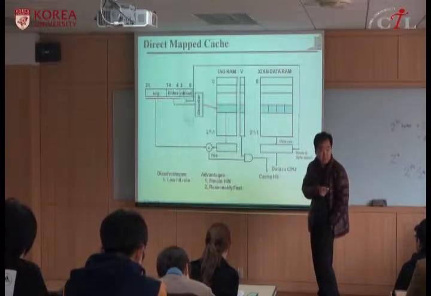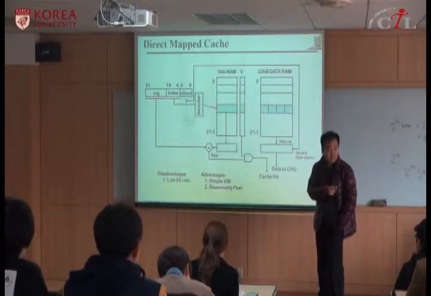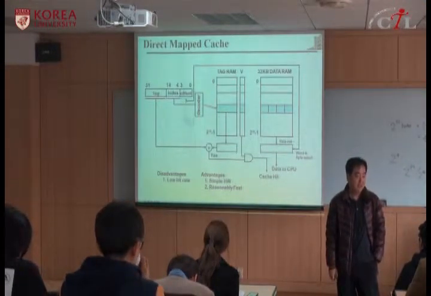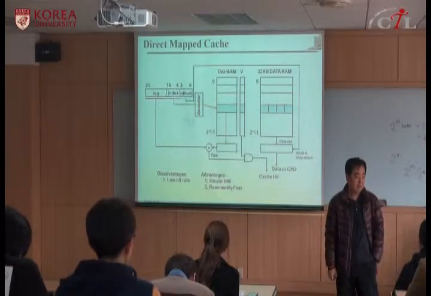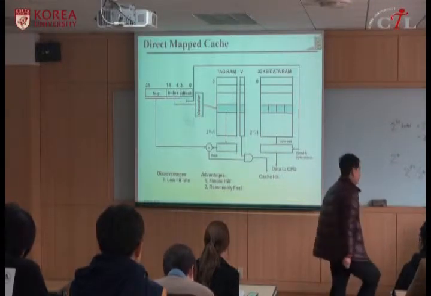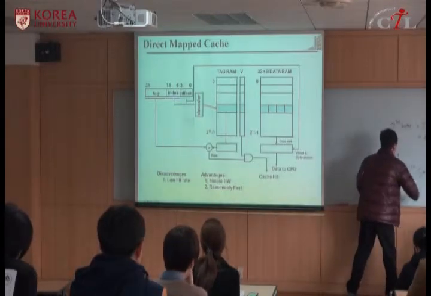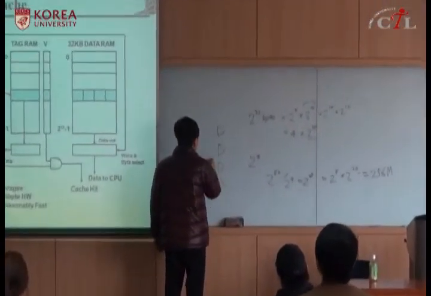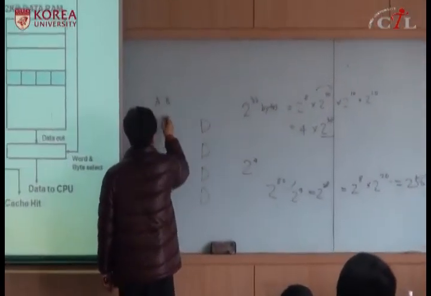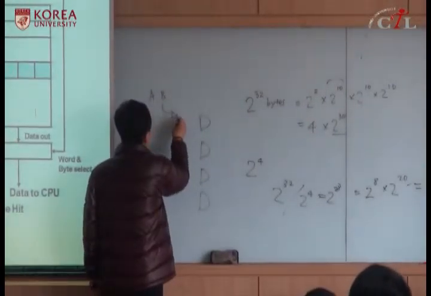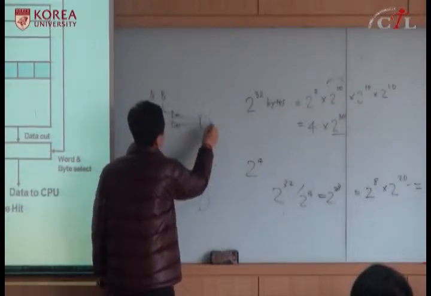Do you know what a decoder is? You learned digital logic. A decoder is AND gates. So you have a 2-bit decoder, with 4 AND gates. If A, B is 0, 0, you select this AND gate.